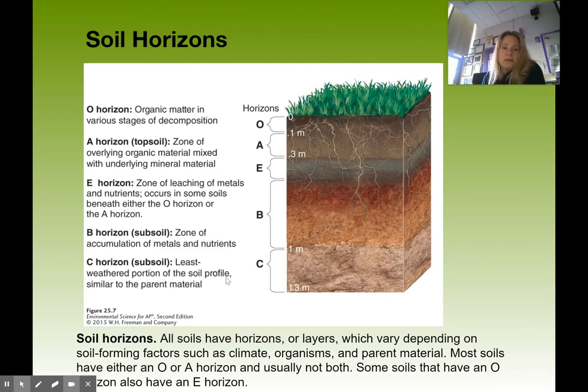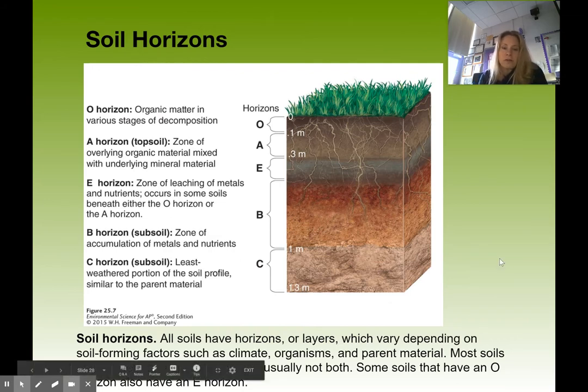So B is accumulation of nutrients, metals. It's often clay. And then the C horizon is subsoil also. You can see there's a coloring difference, and you'll see that when we take a soil profile from outside. A difference in color is usually how we can tell the material. C is closest to the bedrock.